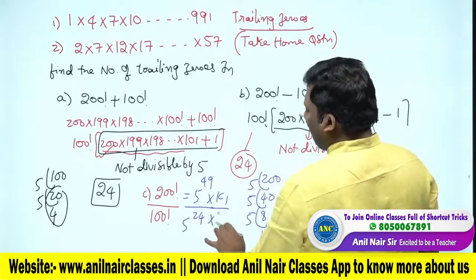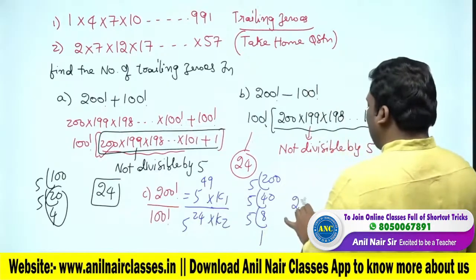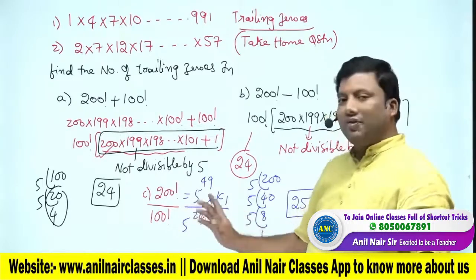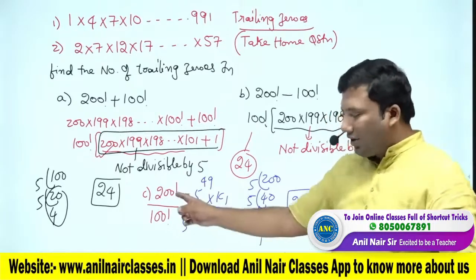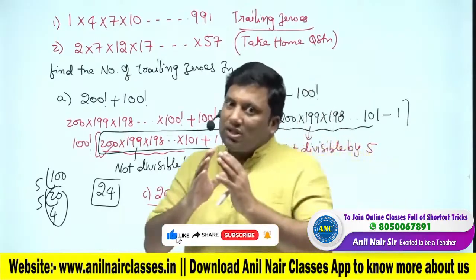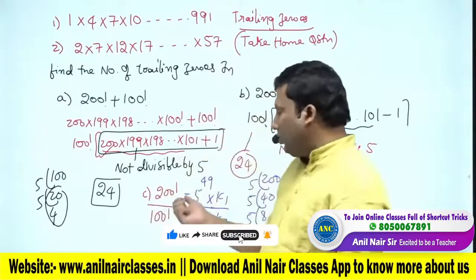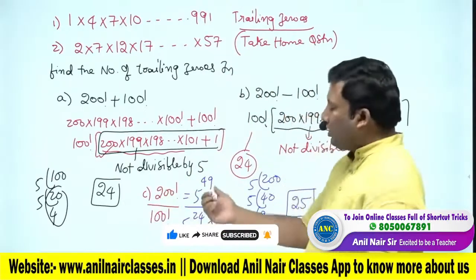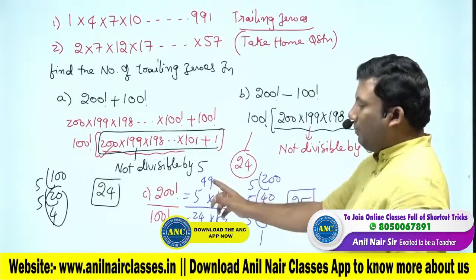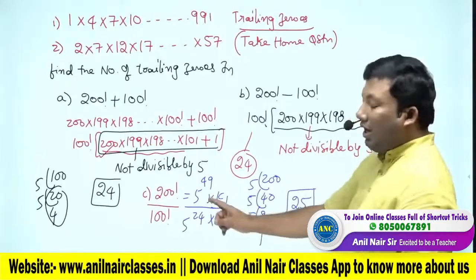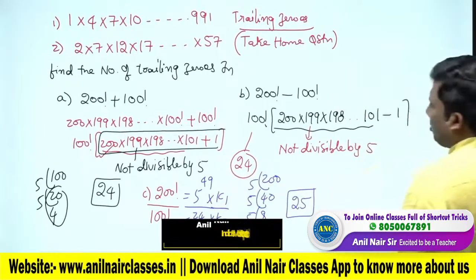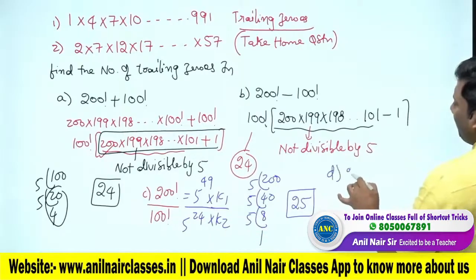So 5 power 49 into K1 by 5 power 24 into K2. A power m by a power n is a power m minus n, so 49 minus 24. The number of zeros at the end is 25.